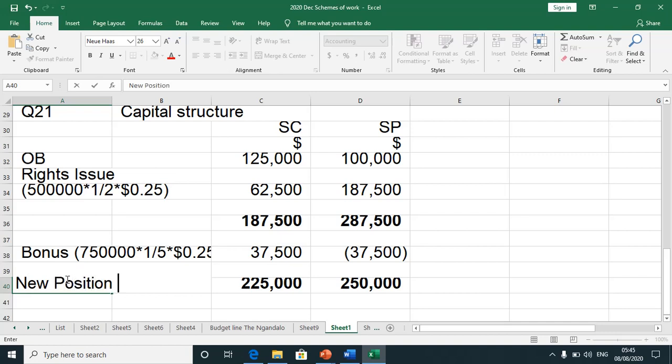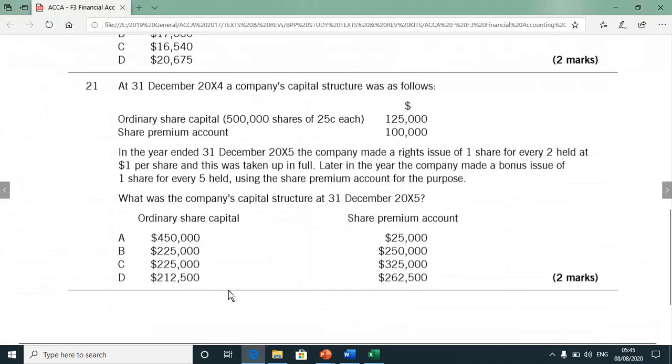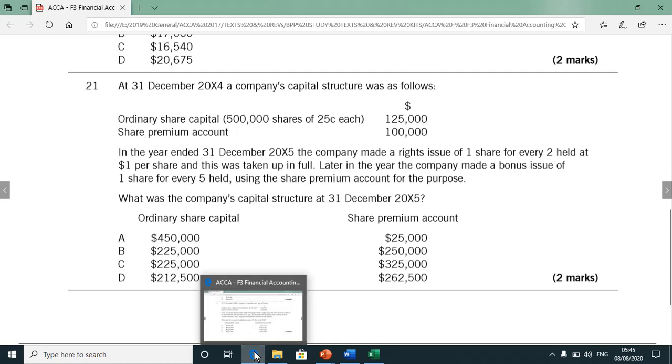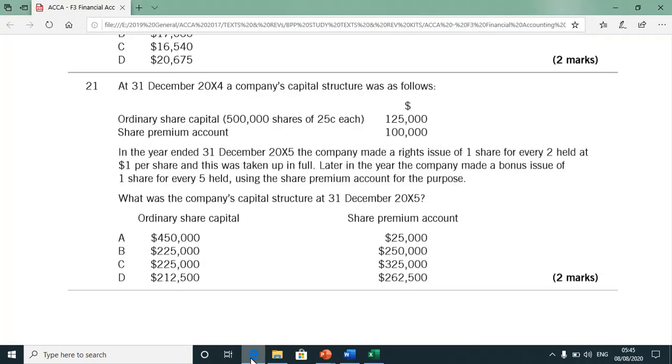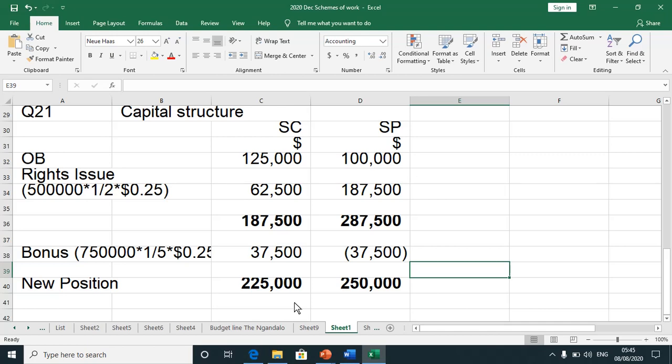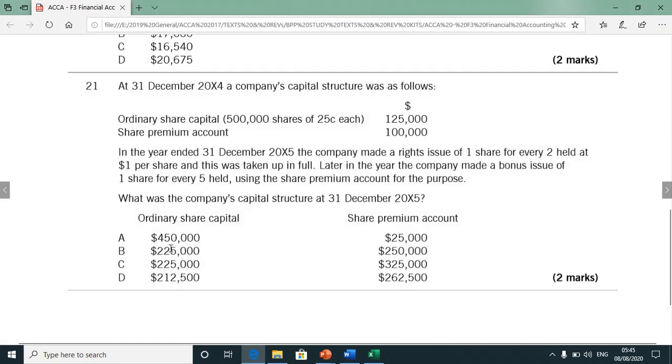So let's go and check. What do we have? Ordinary share capital 225. Let me just check that. There we go. Then share premium 250. There we go.